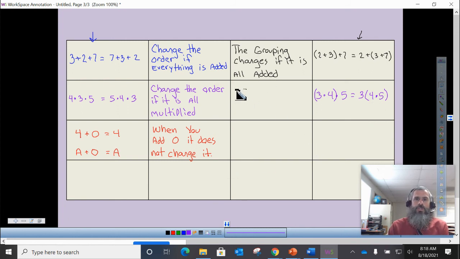You're changing the grouping. The order did not change, the grouping changed. But again, everything has to be multiplied together.